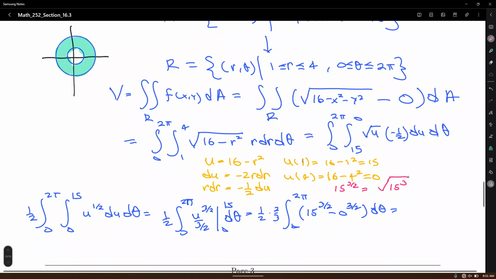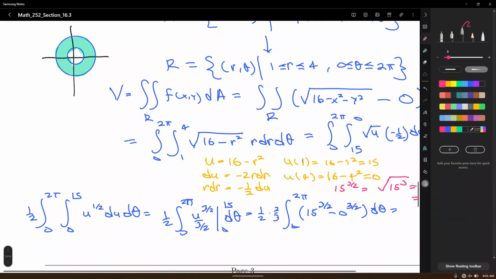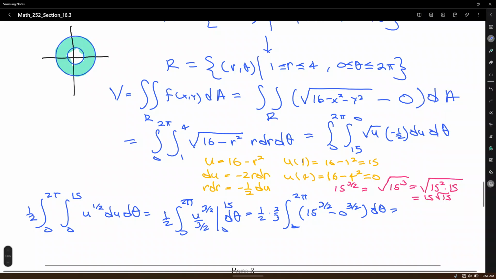Don't cube the number 15, that's a big number. Break up 15 cubed as 15 squared times 15. The square root of 15 squared is 15, so we get 15 root of 15. That's the number I'm going to take out of the integral. Also, these two go away, so that is 1/3 times 15 root of 15, integral from 0 to 2 pi d theta.